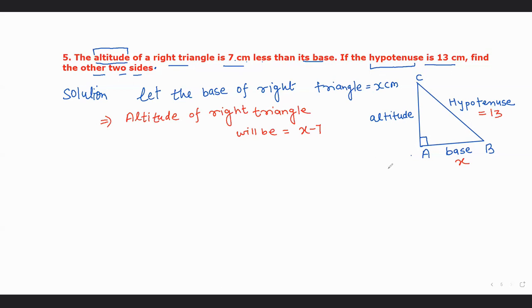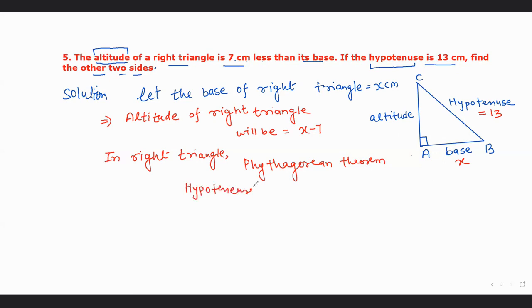Again you see this is our right triangle, and in a right triangle the famous theorem that we know is the Pythagoras theorem. So in a right triangle, with the help of the Pythagorean theorem, if you have altitude, base and hypotenuse, then you can always say that hypotenuse square equals base square plus altitude square.